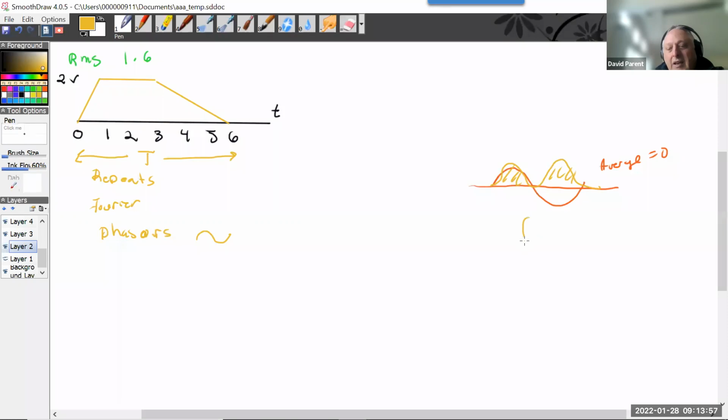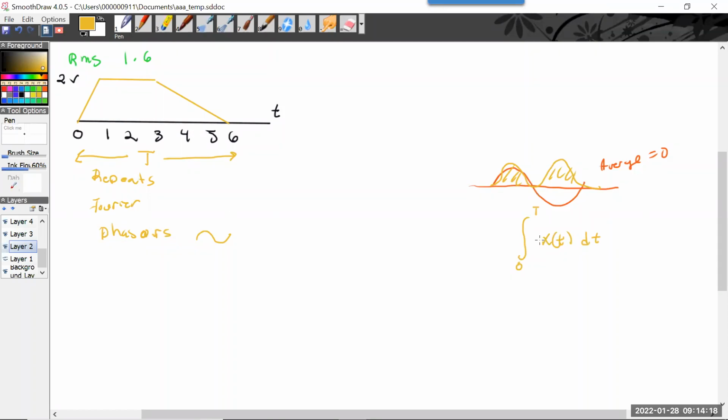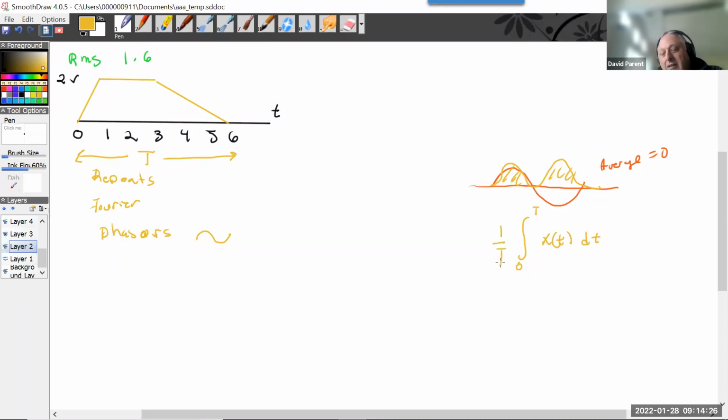And just as a quick aside, if we integrate something, this is practically averaging. Integration is really a precursor to averaging. In fact, regular integration is averaging, but you just don't scale the output. But when I divide it by the period, now all I'm doing is finding the average.